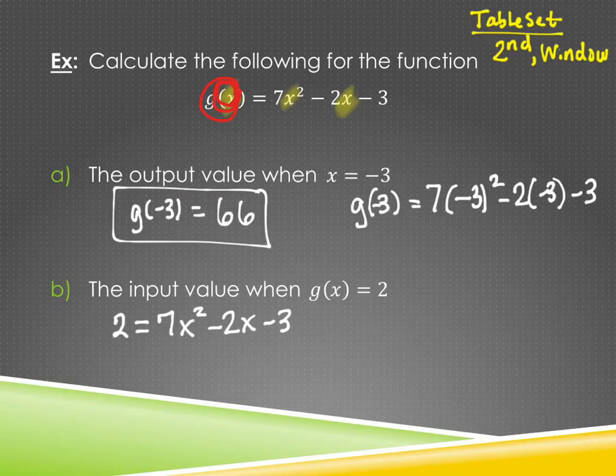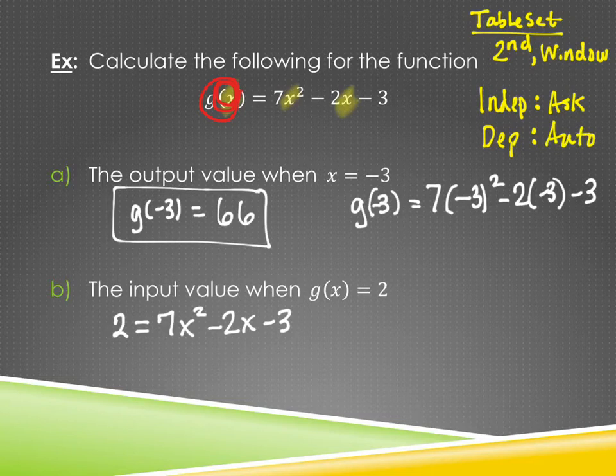Table start equals a number. It's got a little triangle, TBL equals a number. And then it says independent auto ask, dependent auto ask. Does anyone not have that screen pulled up if you've got it with you today? Okay, what matters is that the independent variable says ask, and the dependent variable says auto.